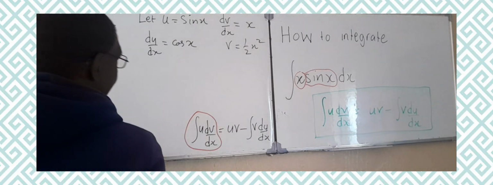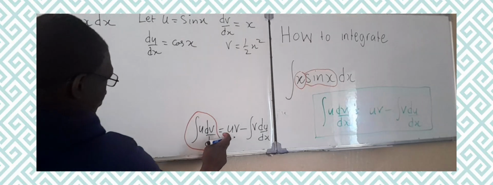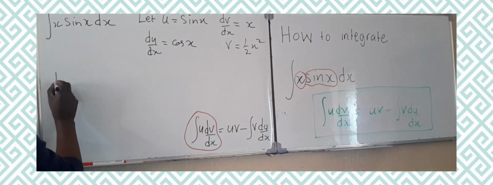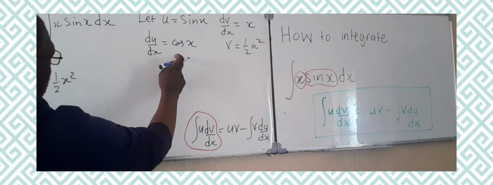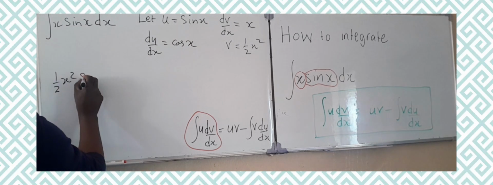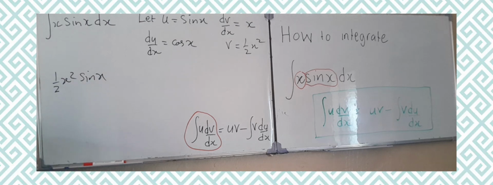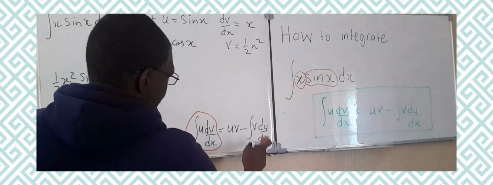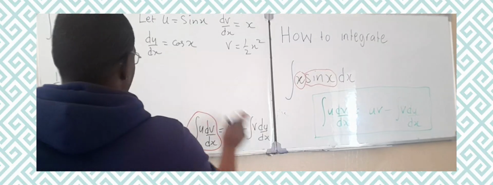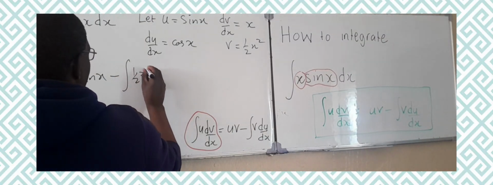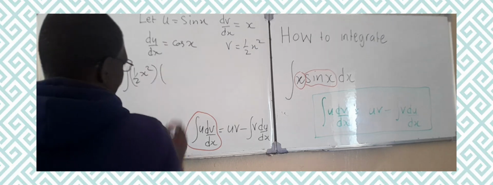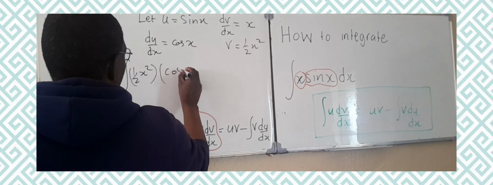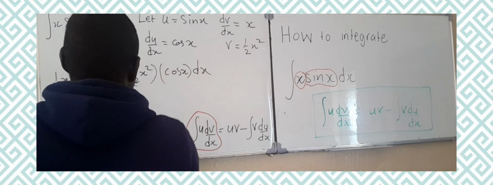Now, we plug everything into the formula. Here, what is my uv? It's half x squared multiplied by my u, which is sine of x, minus the integral of v, which is half x squared, multiplied by what? du/dx, which is cosine of x dx.